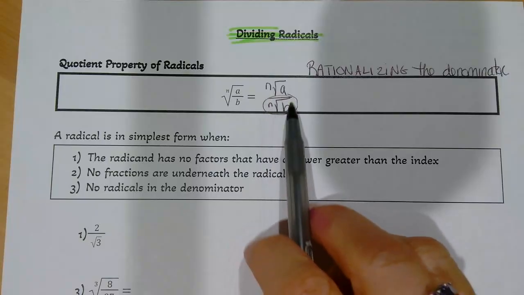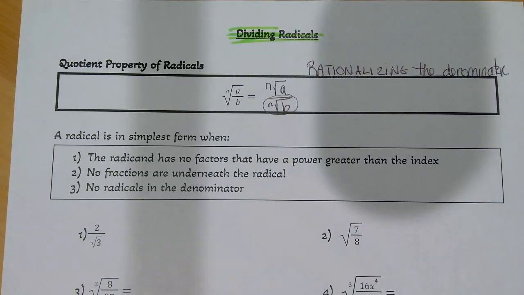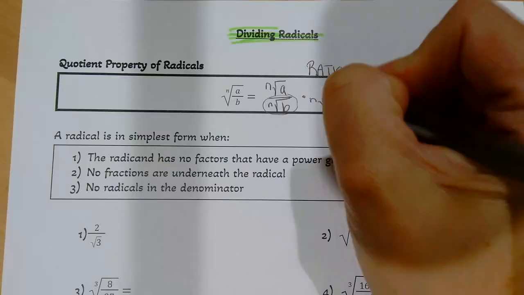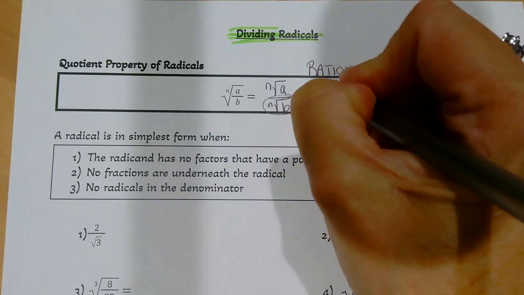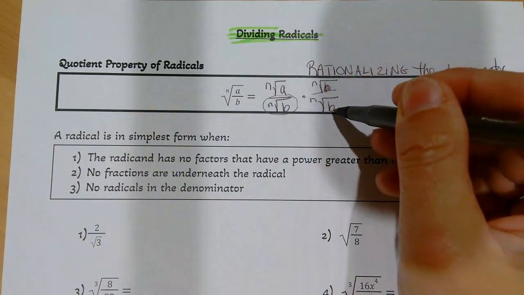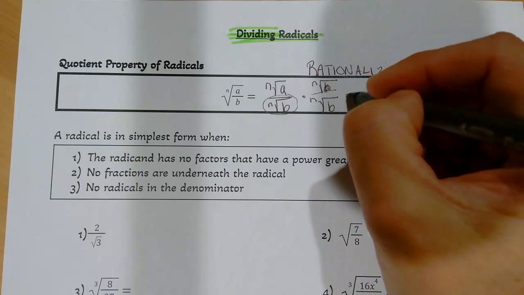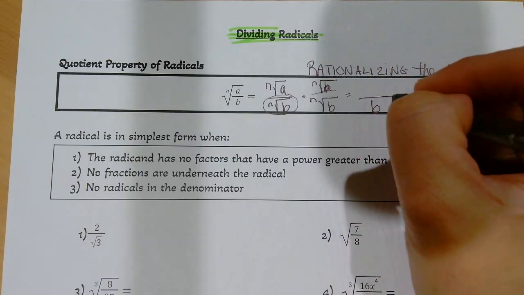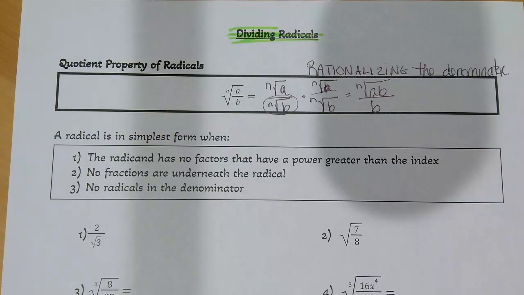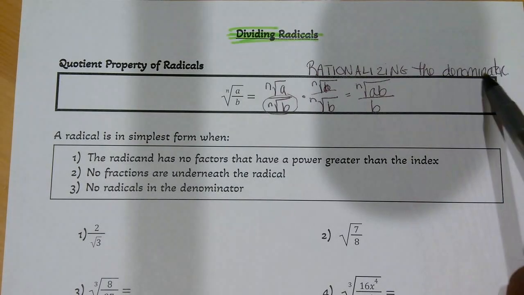We don't leave a root in the denominator. So what we do is we multiply the denominator by itself, because any root times itself, remember, is just itself. So I end up getting just b and the nth root of ab. So radicals in the numerator are okay, but we don't leave radicals in the denominator. We rationalize the denominator.